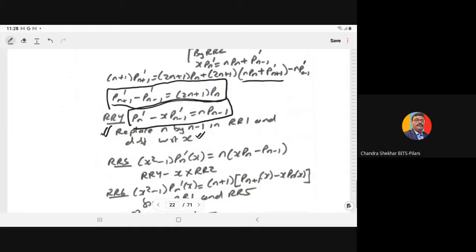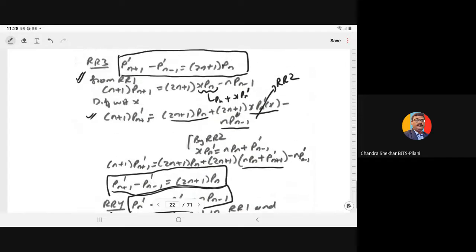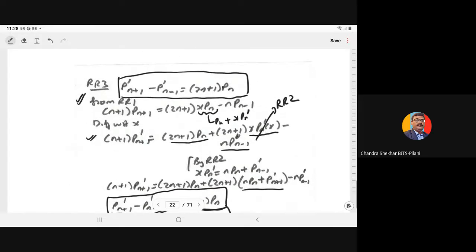As you replace n by n minus 1, it will become n Pn is equal to (2n-1) x Pn-1 minus (n-1) Pn-2.